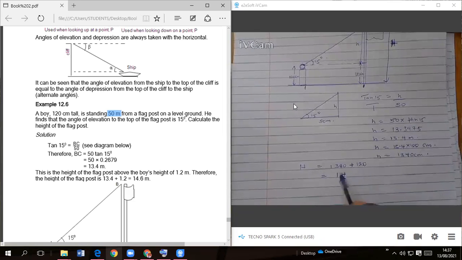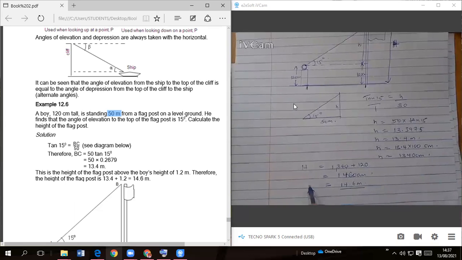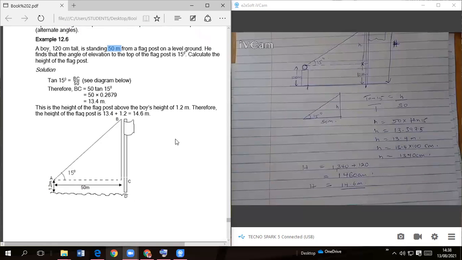Are you sure? 1,340 plus 120? 1,460. 1,460, which can be 14.6 meters. Okay. All right, any question? I don't think so.